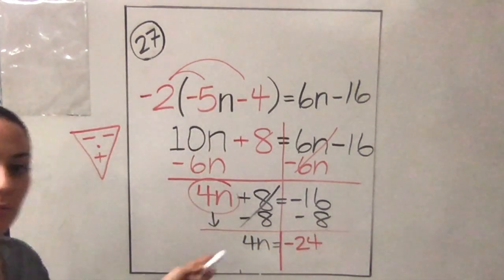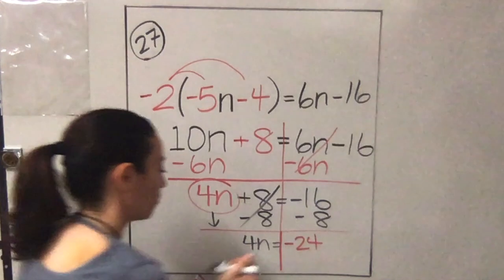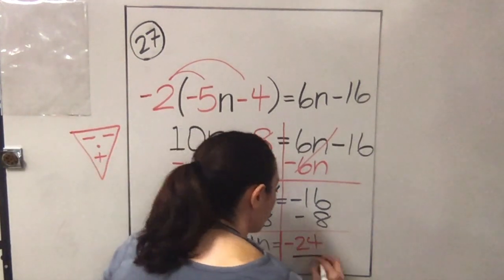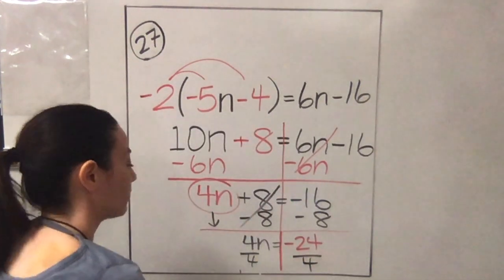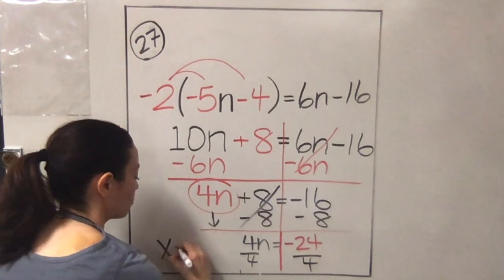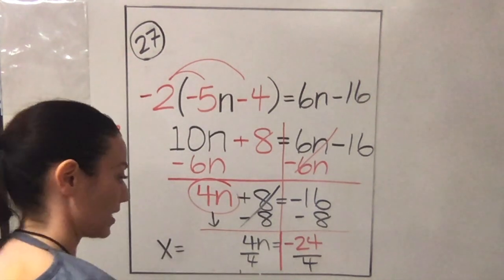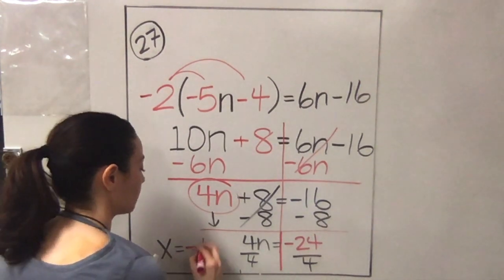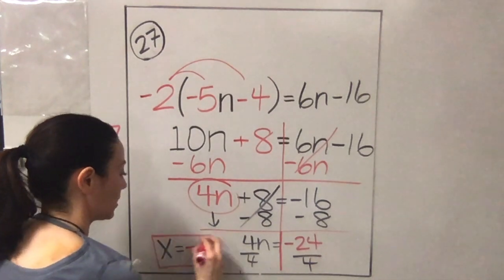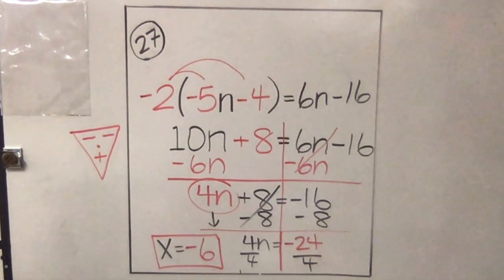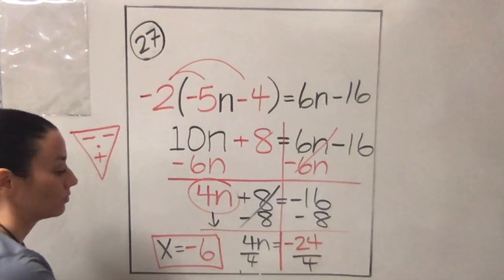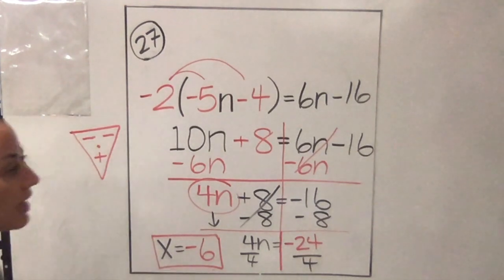And what do we do now? Divide both sides by 4. Good job. When you divide both sides by 4, we have one negative dividing by a positive. So the answer should be what? Negative, exactly. So negative 6. All right? Okay. So go ahead and get that down.